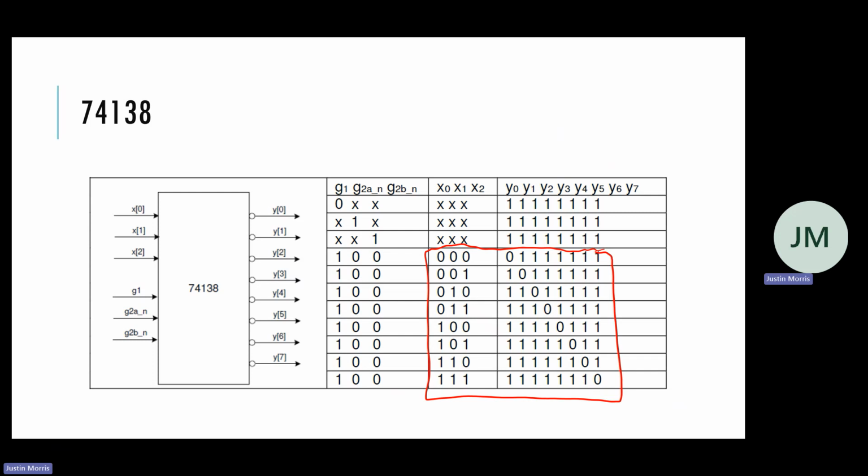Essentially, this is when we are disabled. And when we're disabled, we are just outputting all ones. And this is when we are enabled, and we should be outputting our normal outputs.